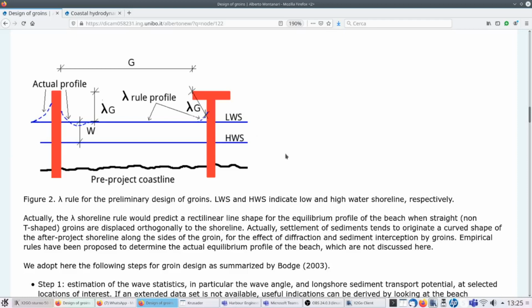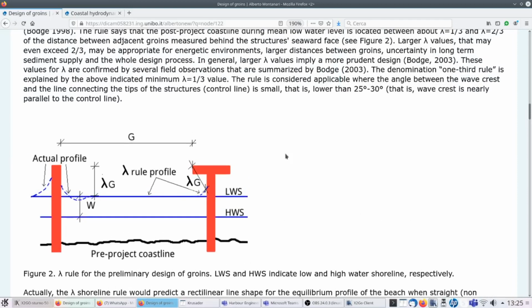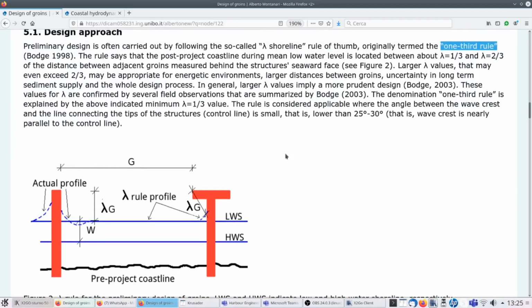And now, what does the lambda shoreline rule of thumb dictate?